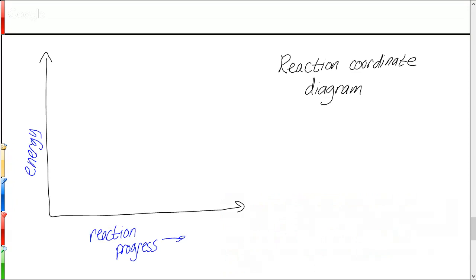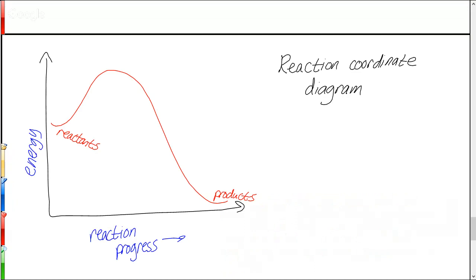So here's an example of what one of these might look like. I'll talk about what that means. What this tells you is the reactants are over here, and the products are over here, because that's that left to right thing. That's what that x-axis means, reaction progress, going from reactants to products.